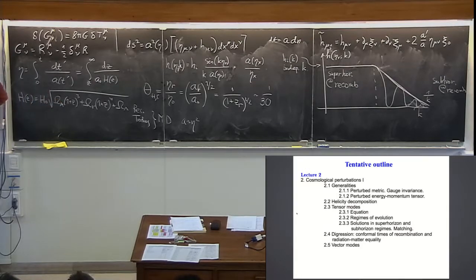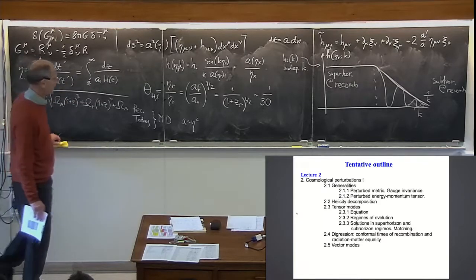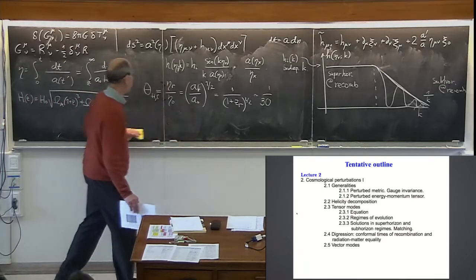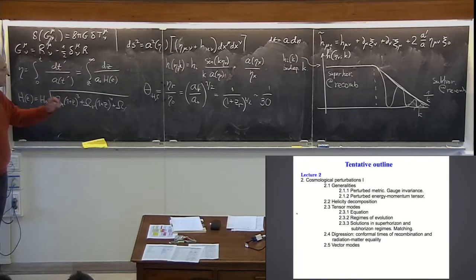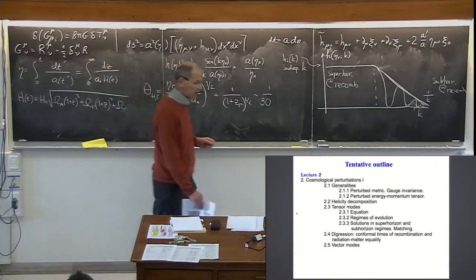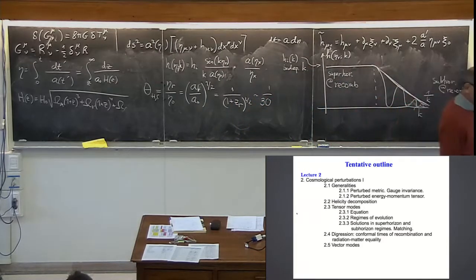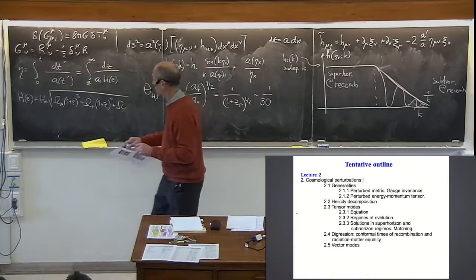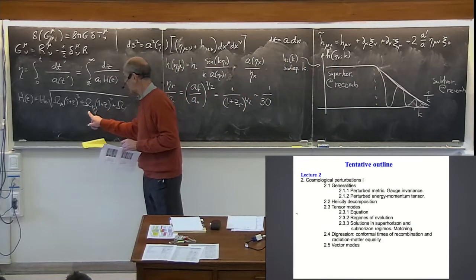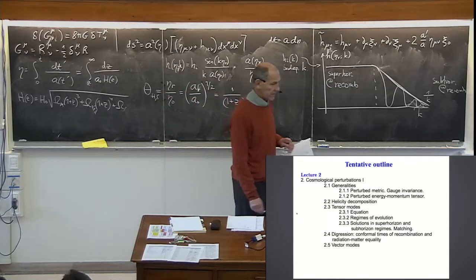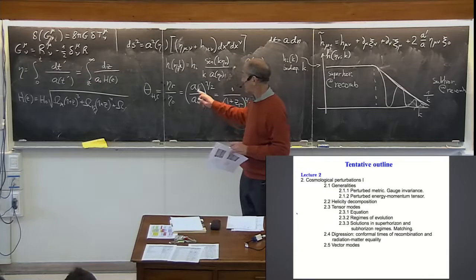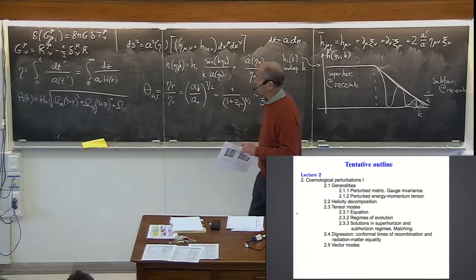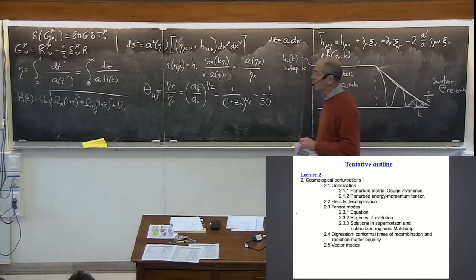Matter contribution goes like inverse of a cube, etc. So this is the integral, which takes into account that at recombination we are not very far from equality of matter and radiation, so this radiation part is not negligible, and therefore the earlier estimate is incorrect in the numerator.